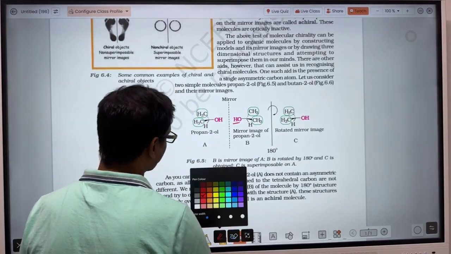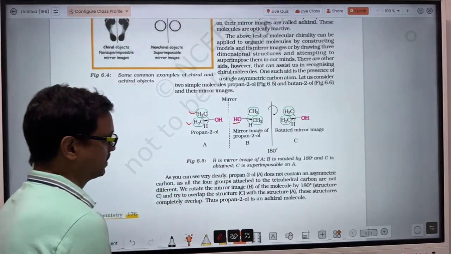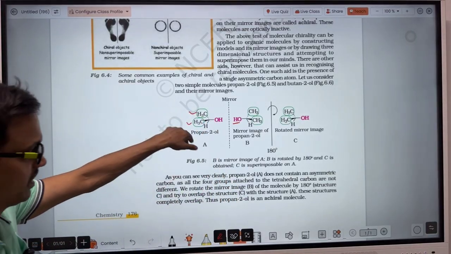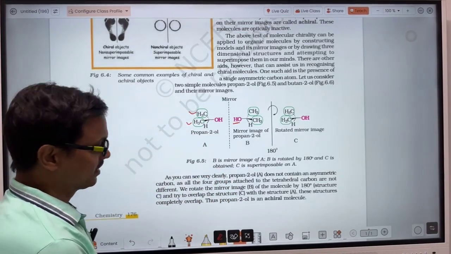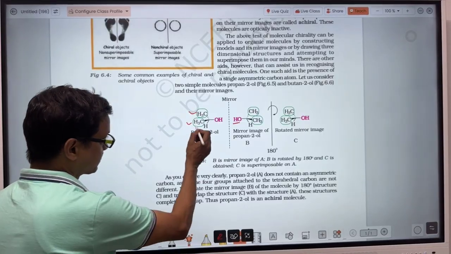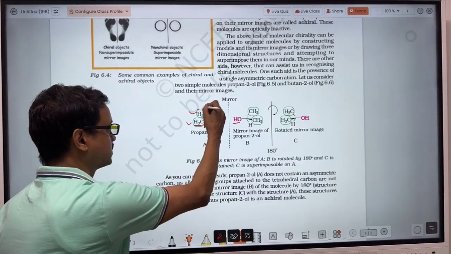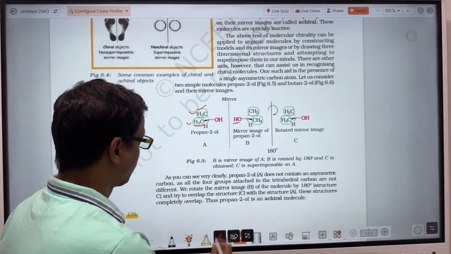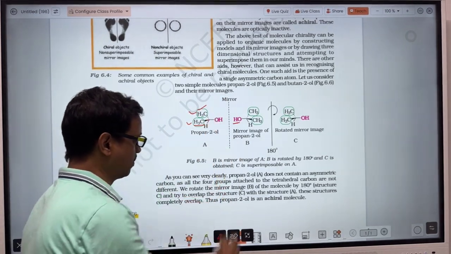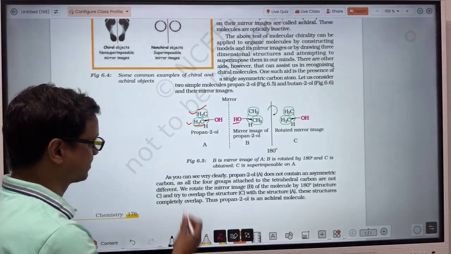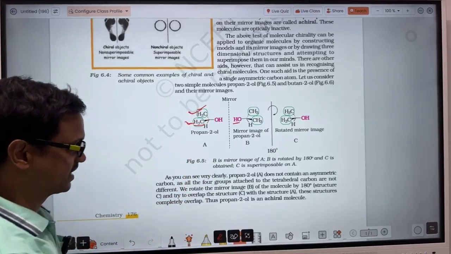Here two groups are the same, so this molecule does not contain any asymmetric carbon. Here also, this carbon has 3 methyl groups, so that is not asymmetric. This methyl is also not asymmetric. And this carbon is also not asymmetric, as this methyl and this methyl are the same.